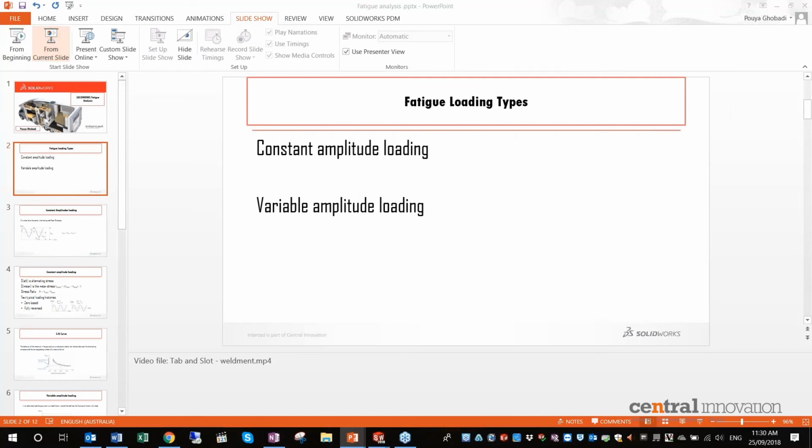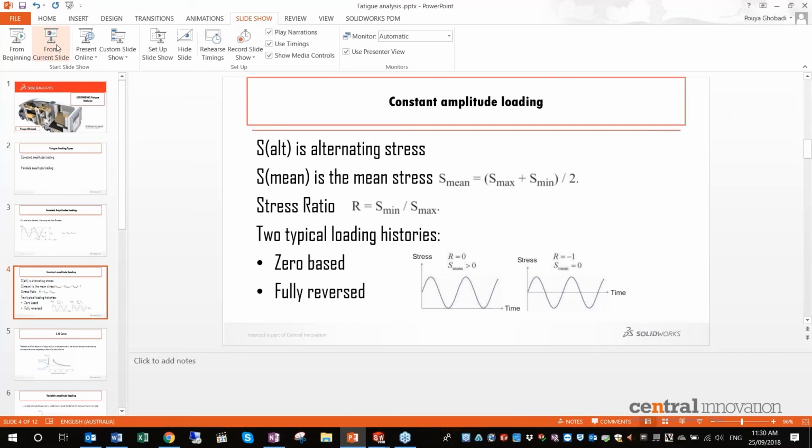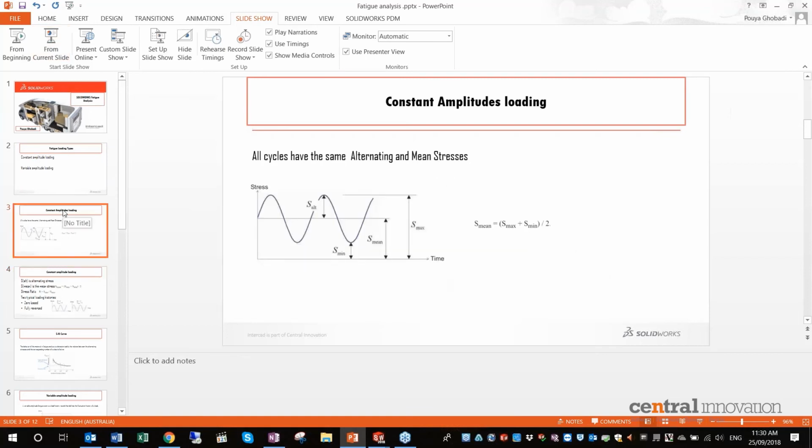Let me show you these slides. All right. We have learned about the terminologies within constant amplitude loading. The stress time curve, which defines the stress ratio.